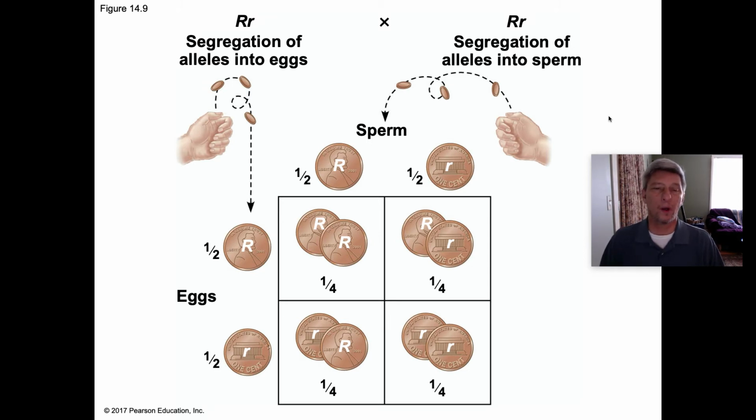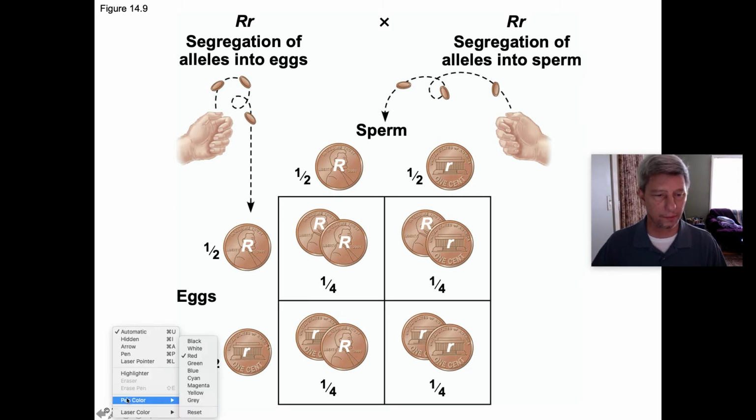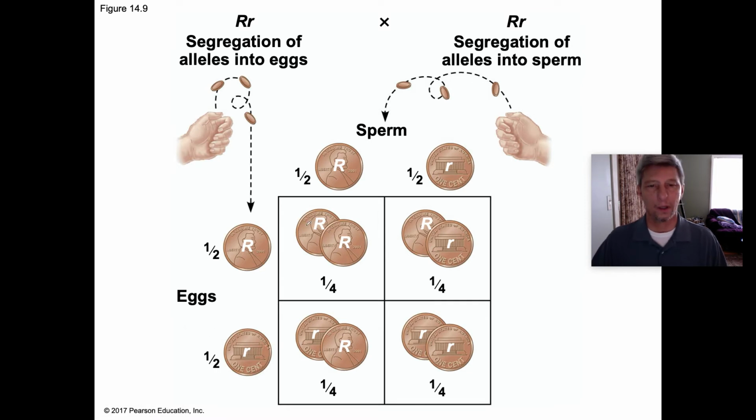So if we called heads the dominant allele, let's say, and tails the recessive allele, and you flipped two coins, well, then in the first case here, you've got a 1/2 times 1/2, or a 1/4 chance of getting a homozygous dominant individual, a 1/4 chance of getting a heterozygote, plus another 1/4.